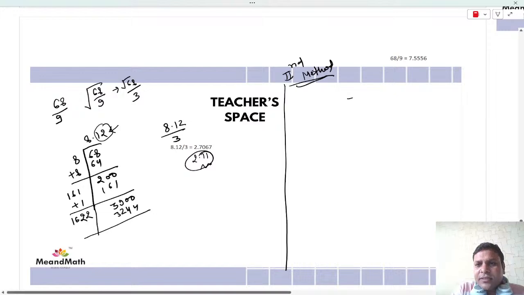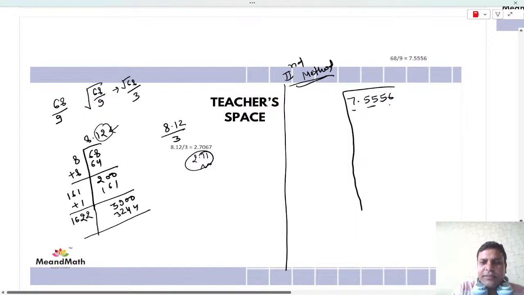Now long division of 7.5556. इसका अगर हम स्क्वायर रूट फाइंड आउट करें तो ये पेयरिंग हो गई. 2 2s are 4. Subtraction, you will get 3. Decimal here, so put the decimal. So 2 point something. Now copy the next pair, that is 55.